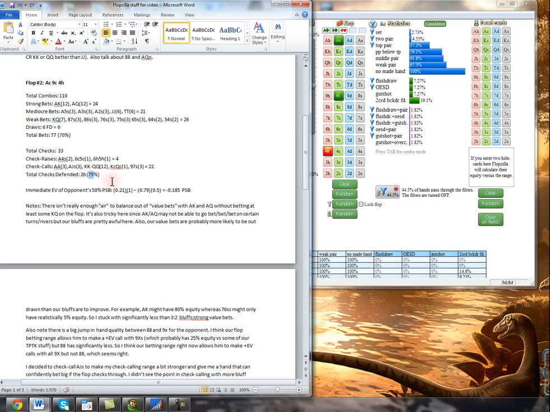And then the checks that I'm defending are, I'm check raising 2 ace-4 suited hands. I'm check raising 2 6-5 suited hands, so one is with the backdoor flush draw and one is with the actual flush draw.